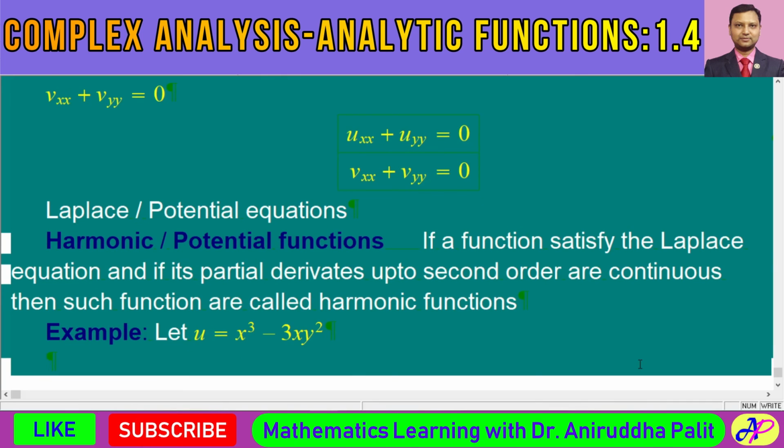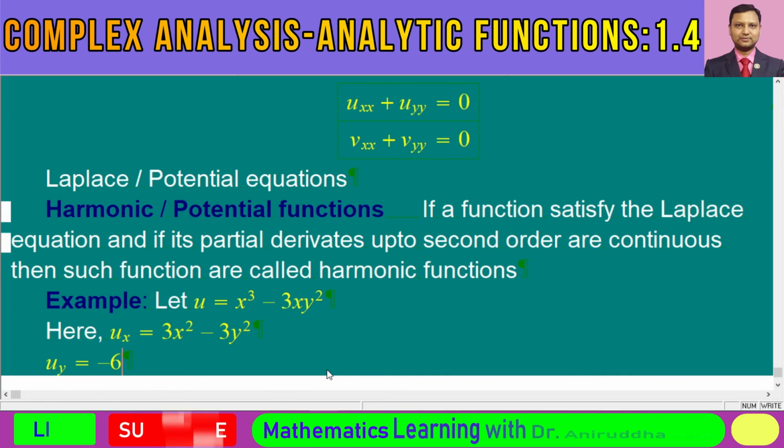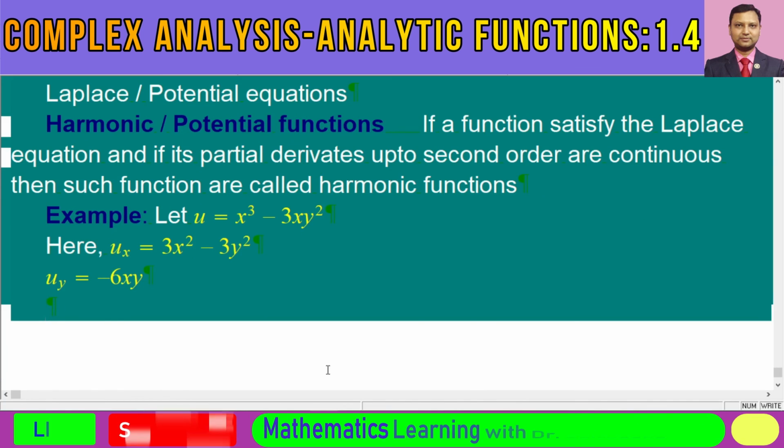How can we check? We can easily compute the partial derivatives. Here u_x would be equal to 3x squared minus 3y squared. The partial derivative u_y would be equal to simply minus 6xy.